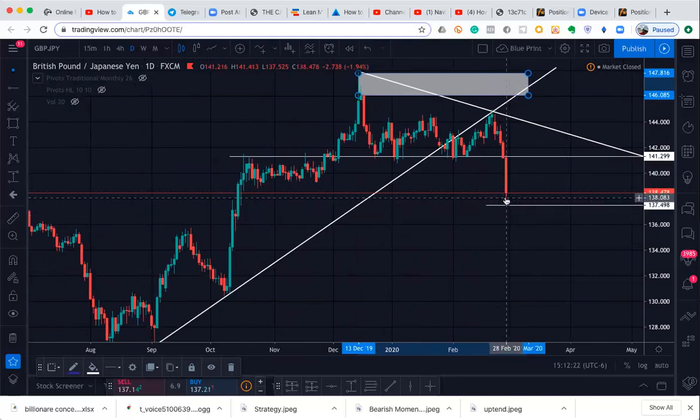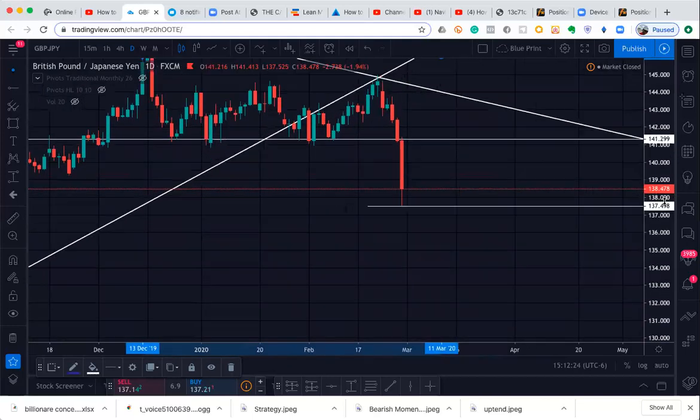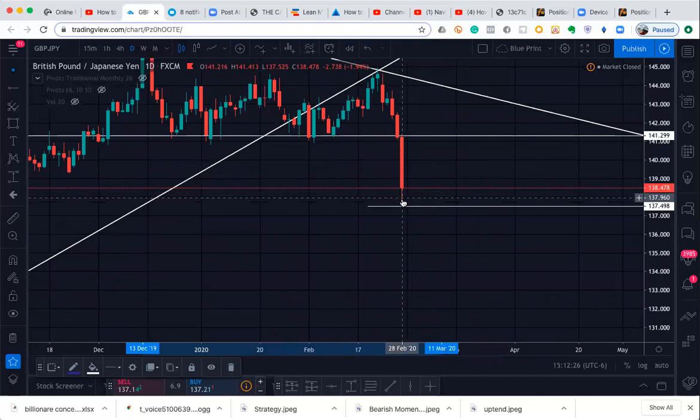So let me ask you this question. What is this? This is a wick right here, right? See that wick right there? Tell me what this is. I would say it was some buyers attempting to buy in that area. That's what I would think.